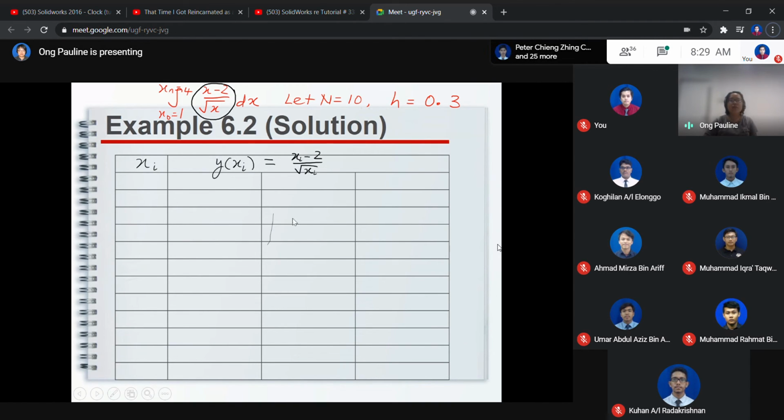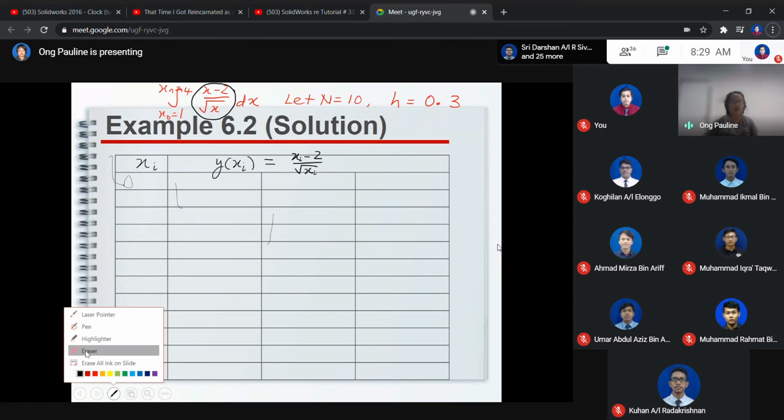Now let us fill in the value of x. We start from the lower bound of your integral.